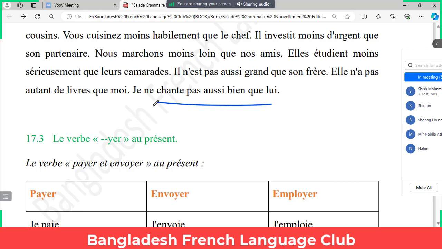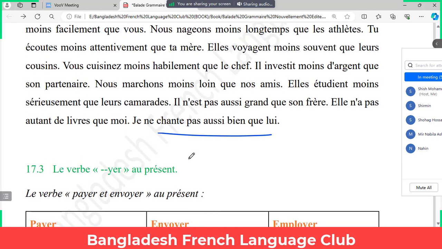So these are the lui examples. Lui is used in different contexts, like as we have seen, as an indirect object complement, right? And we just have seen that as a tonic form, right? After the preposition, this tonic form lui is used, right? So in different contexts, they are used differently.